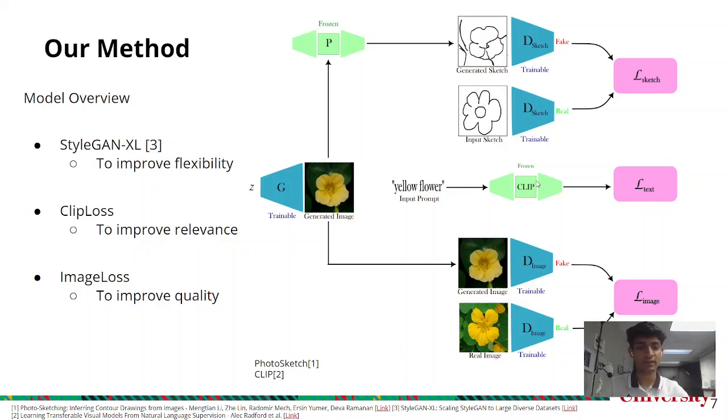And the second thing that we use is the clip model, which takes in the input prompt as the input and generates a text loss. And the third loss that we use is the image loss, which takes in the generated image and a real image sampled from the training dataset of the generator to generate an image loss. These three losses together help form our optimizing equation, and guide the training of the generative model.